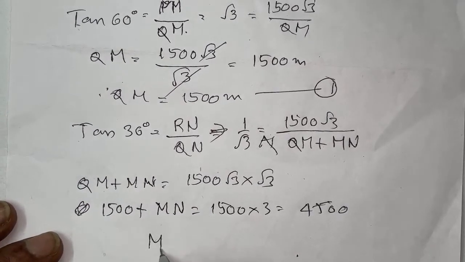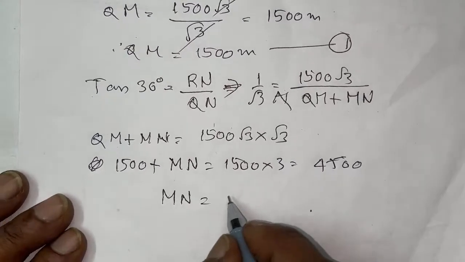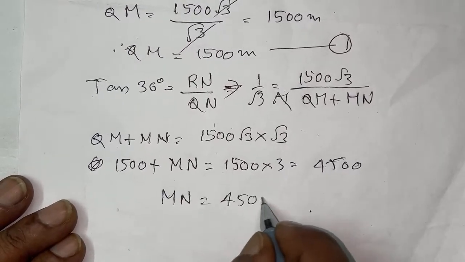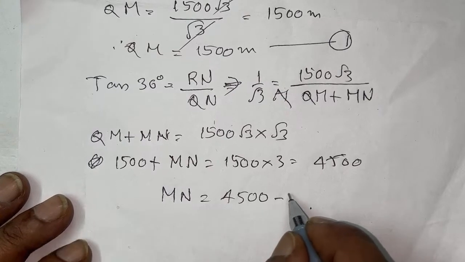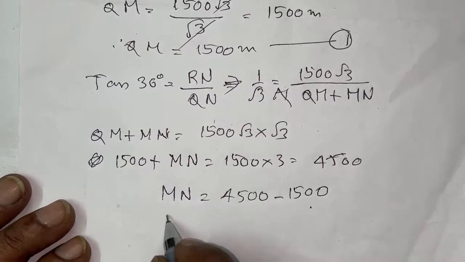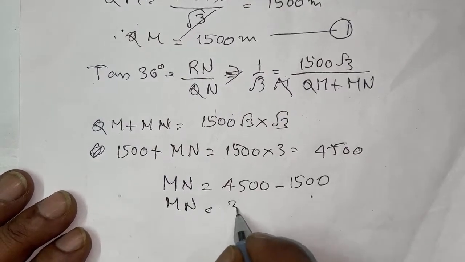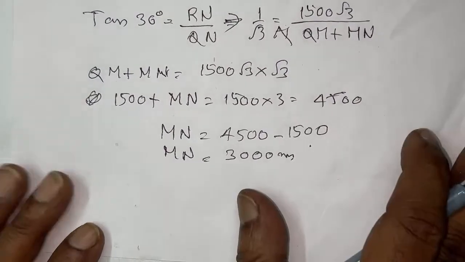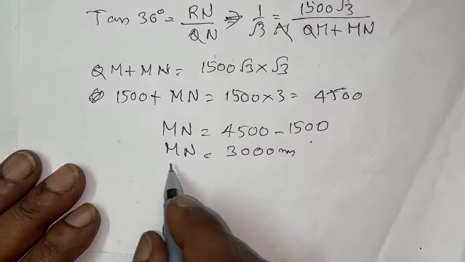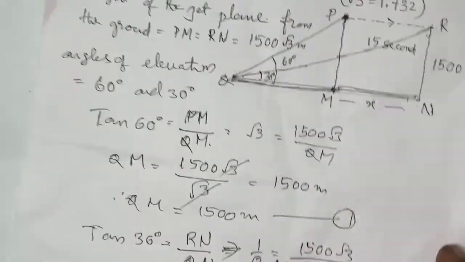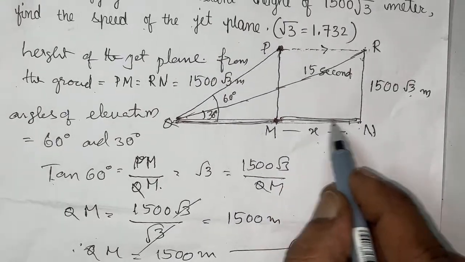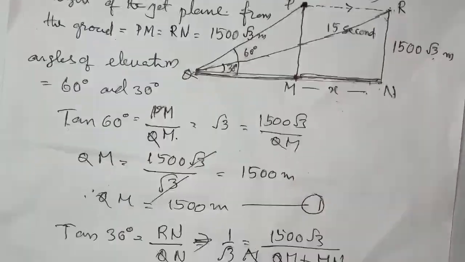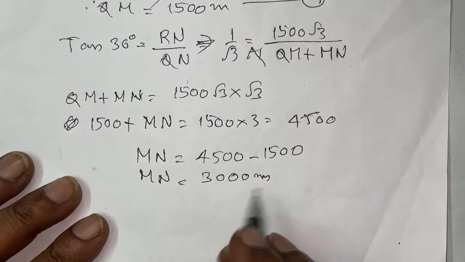Now MN is equal to 4500 minus 1500, so MN is equal to 3000 meters. So the distance moved from here to here, that is x, we got as 3000 meters.